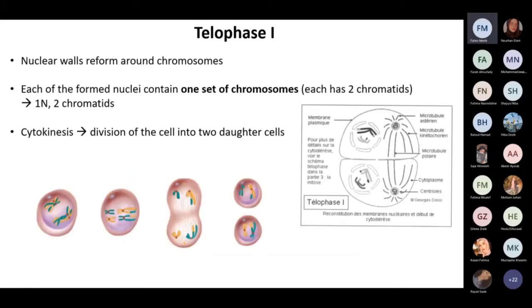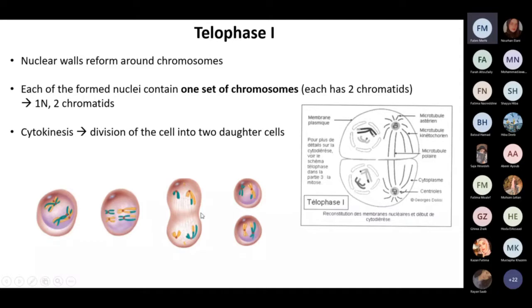Now at the telophase we will have, we arrived here at the metaphase, at the anaphase, and now at the telophase we will have the cytokinesis. We will have also the formation of the nuclear envelope. Okay, so the nuclear envelope will start to form again, and by the end of the telophase it will be complete.